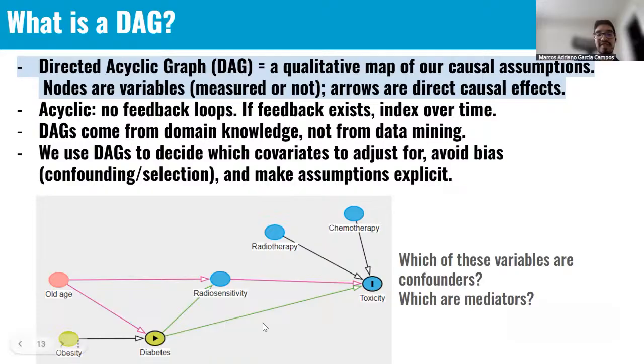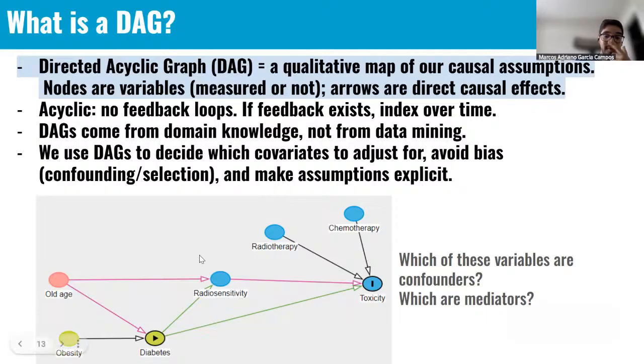We can do the DAG to create a theoretical model that explains our study. This is a DAG, sorry. And the hypothesis: having diabetes can cause more toxicity by chemotherapy. This is a hypothesis.